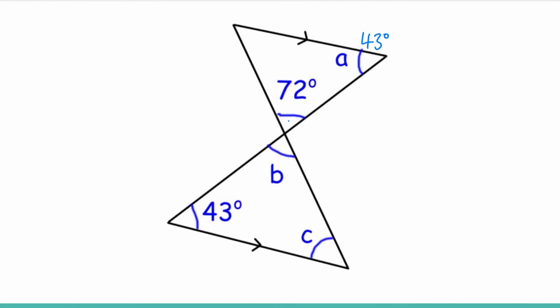We know that B is vertically opposite to 72, so B is also 72. And then I can find C by using my angles in a triangle, adding up to 180. So 180 minus 43 minus the 72 is going to give me C, which is 65 degrees.